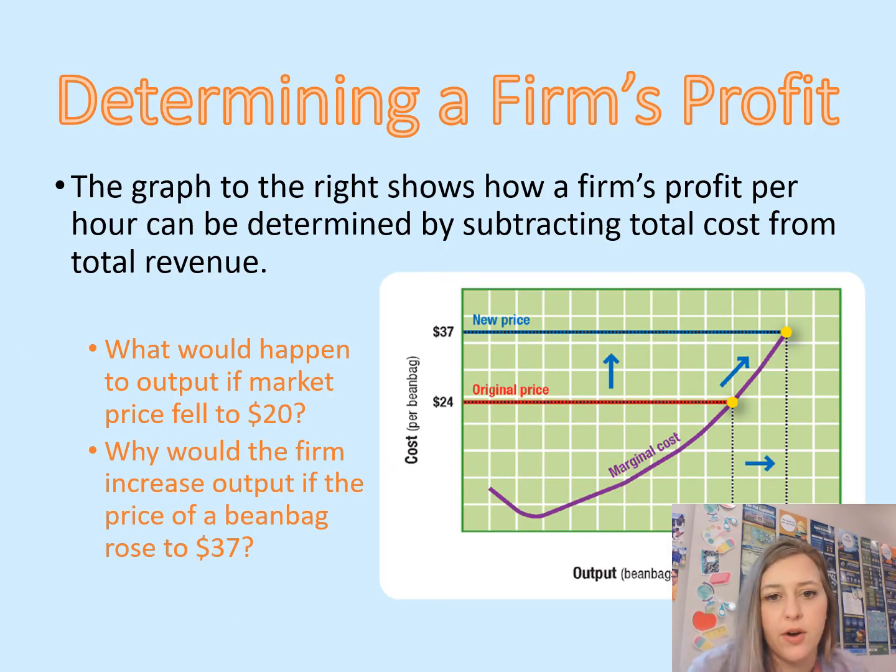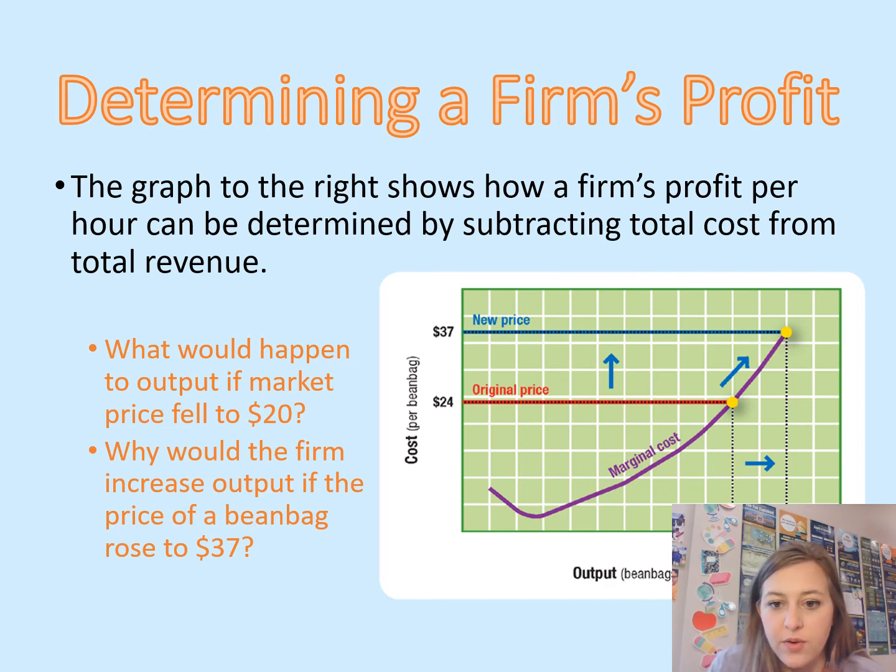So determining a firm's profit, the graph shows how a firm's profit per hour can be determined by subtracting total costs from total revenue. So total revenue, all the money you bring in, minus total cost, all the money you spend to make a good, that's going to tell you your profit. Okay. So what would happen to output if the market price fell to $20?